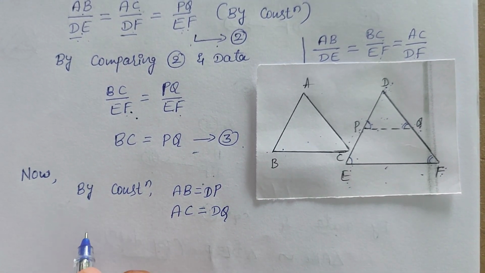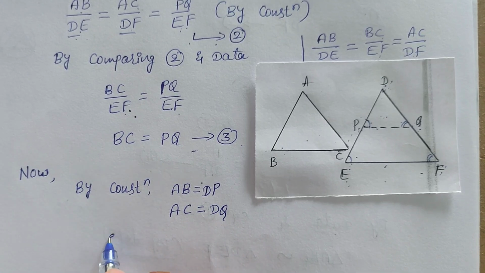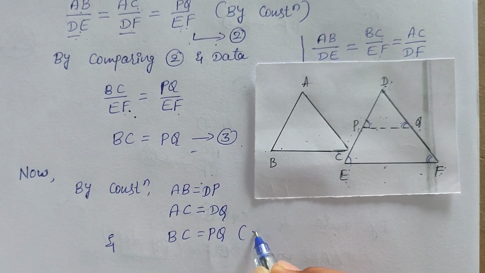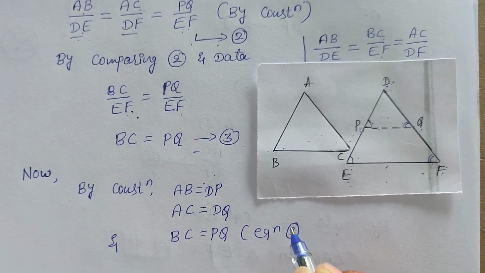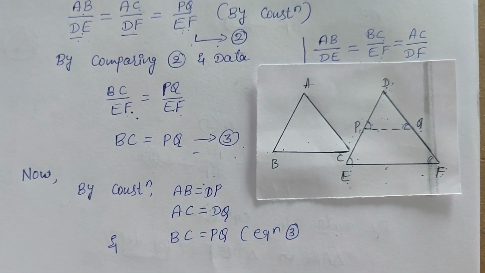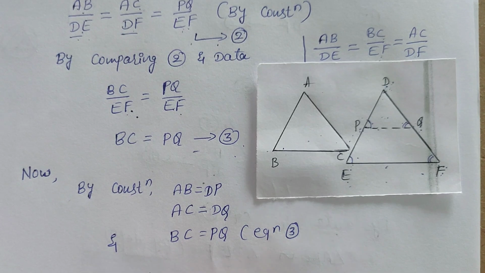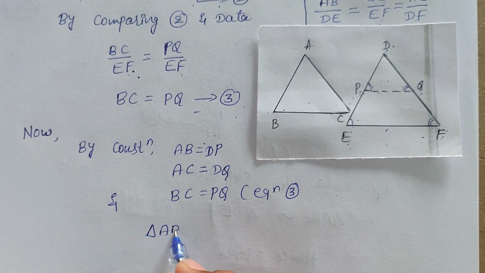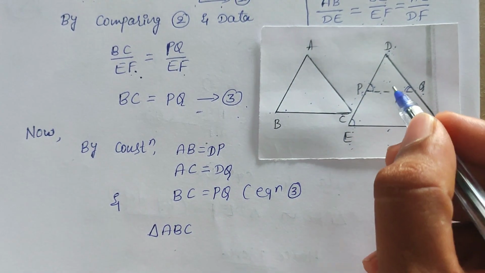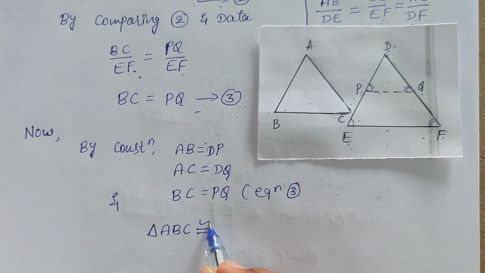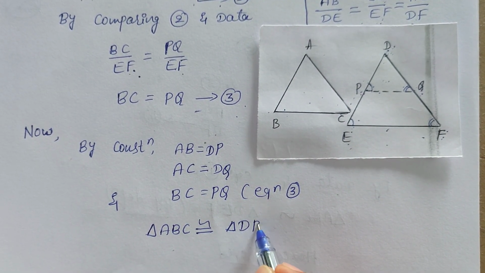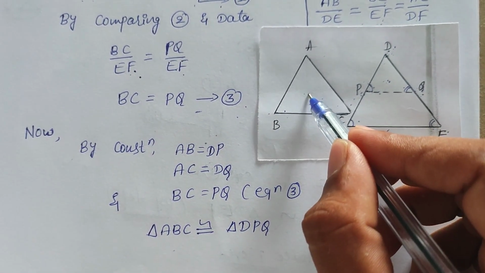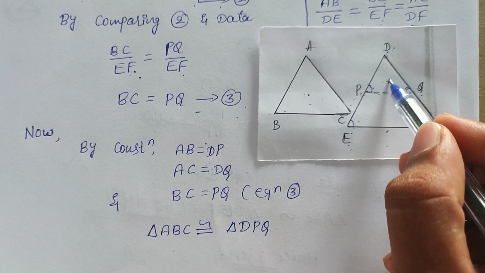These are two by construction, and BC equals PQ, which is from equation 3. So by SSS congruency, we can write triangle ABC is congruent to triangle DPQ. This small triangle ABC is congruent to triangle DPQ.